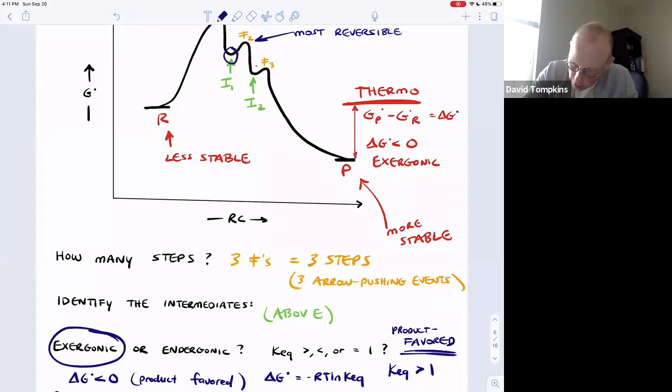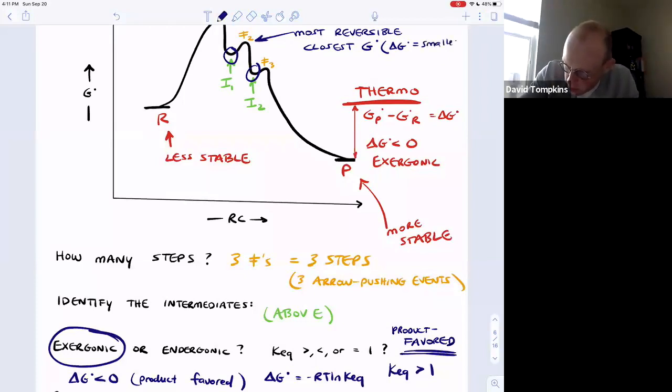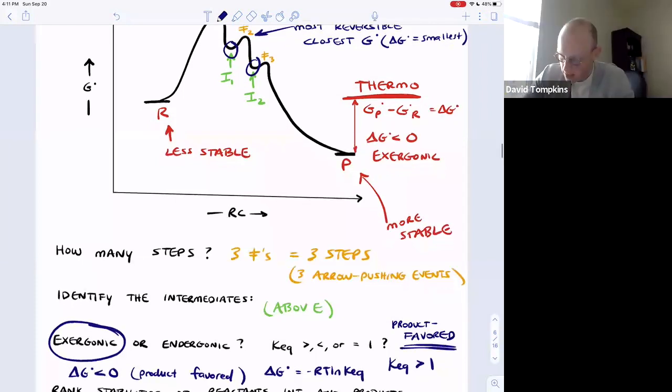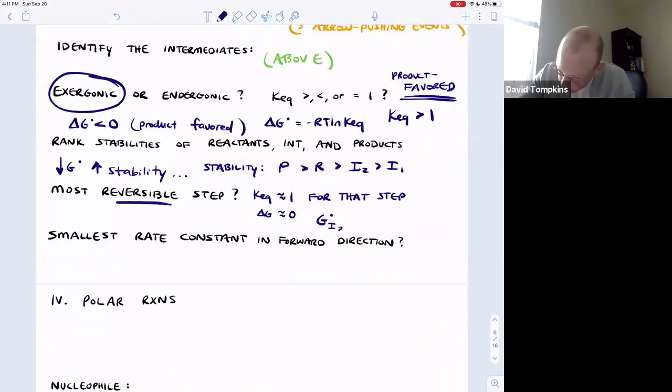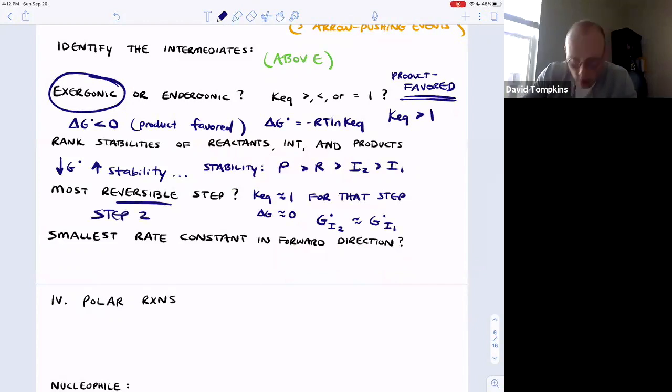Okay, so the two that are closest in free energy, or the change in free energy is the smallest. I should say smallest instead of 0. That will give the most reversible step. So because the free energy of intermediate 2 was not too far from the free energy of intermediate 1, it is step 2, or going from intermediate 1 to 2, that would be the most reversible.